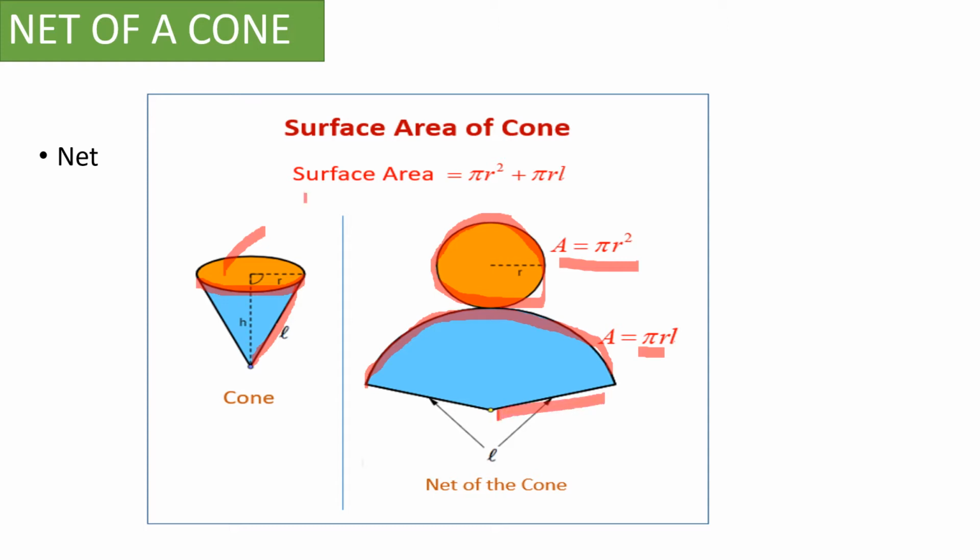Therefore, the total surface area of a solid cone is pi r square plus pi r l. Good. Pi r square plus pi r l.